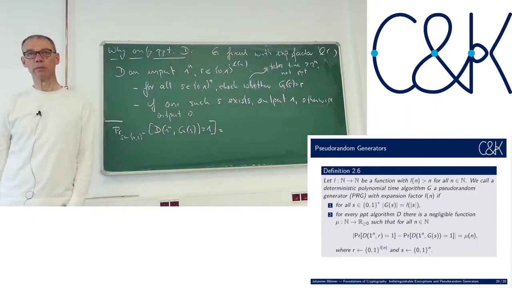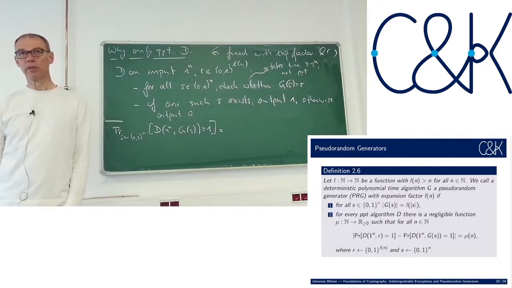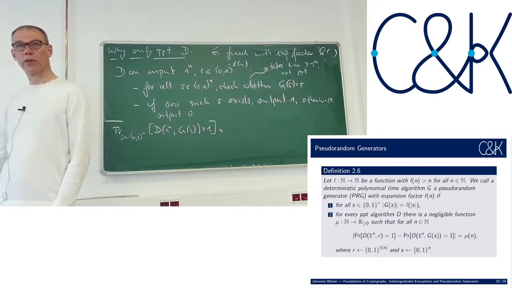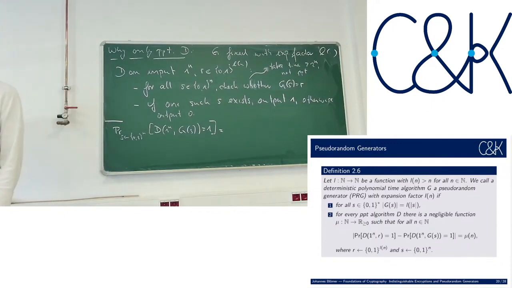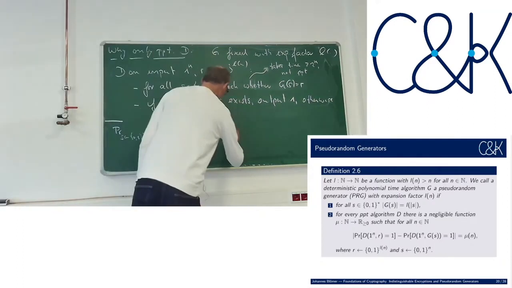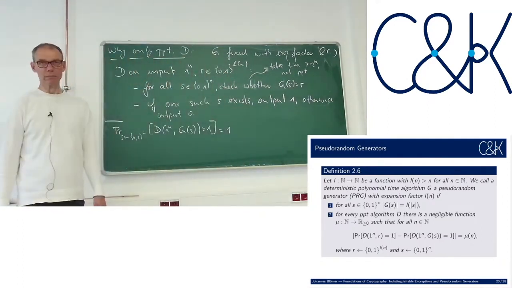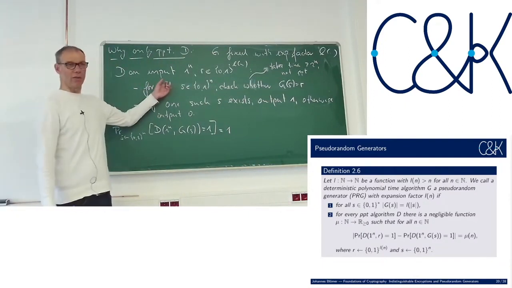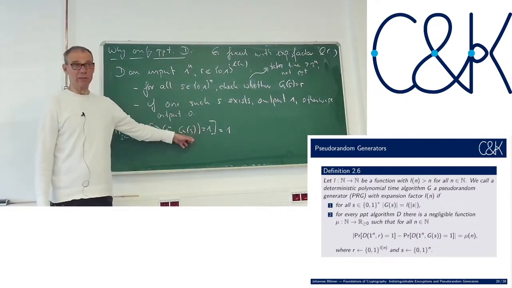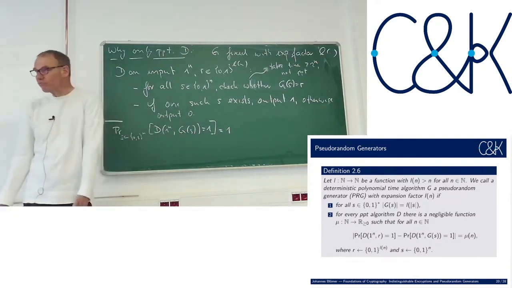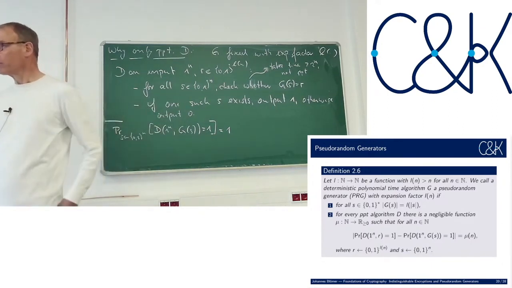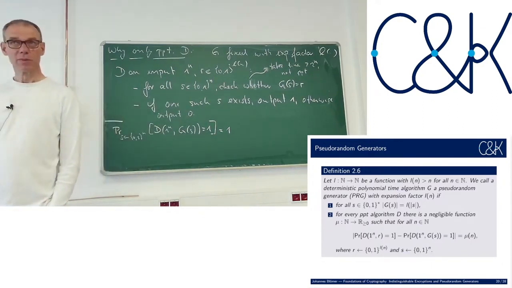If I give it one of the form G of S. It's 1. Why? Because it tries all S in 0,1 to the n, so eventually it will hit this one, and it finds it, right?